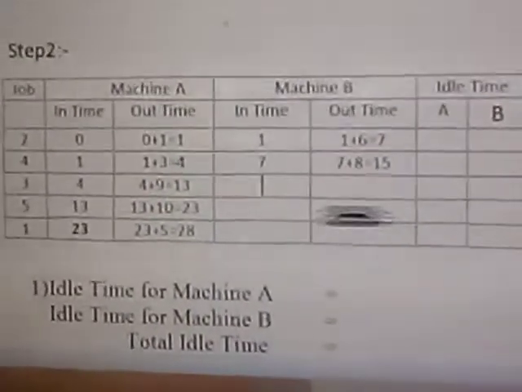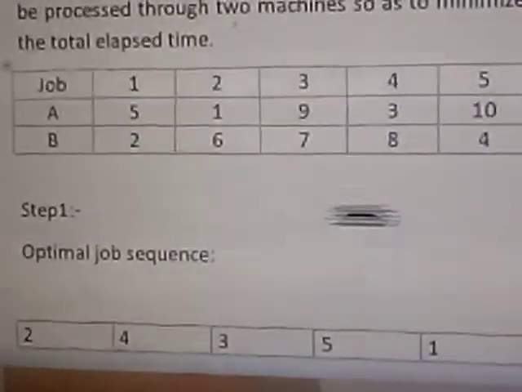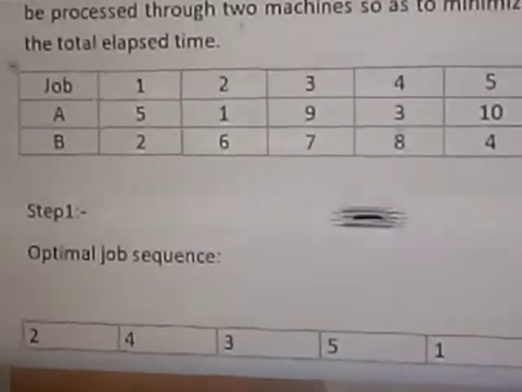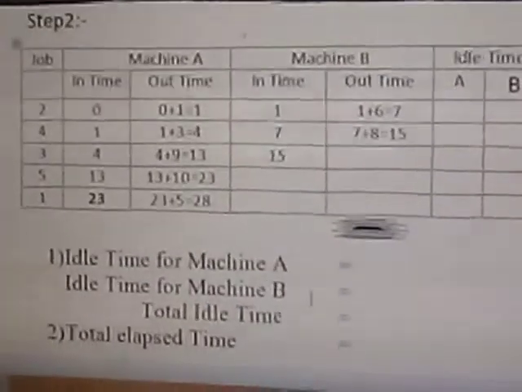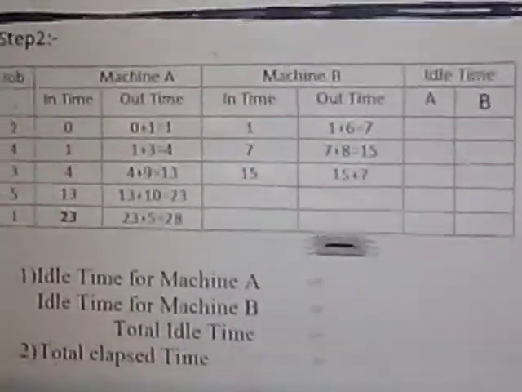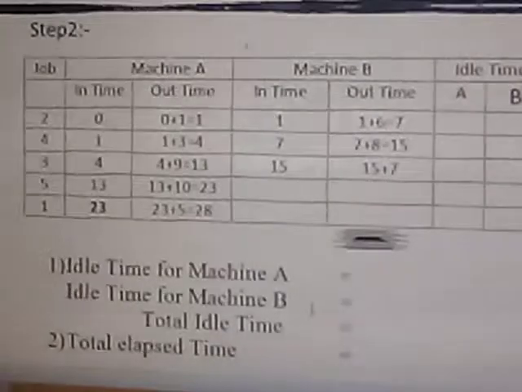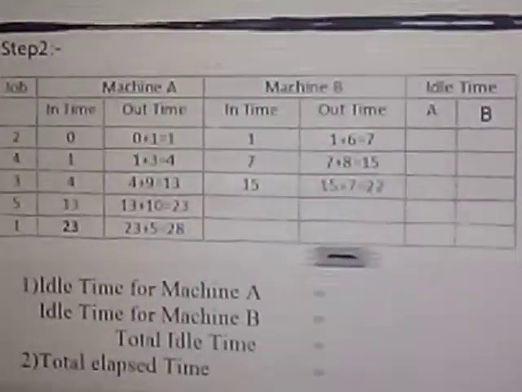Next, job 3. The machine B value is 7, so 15 plus 7 equal to 22.